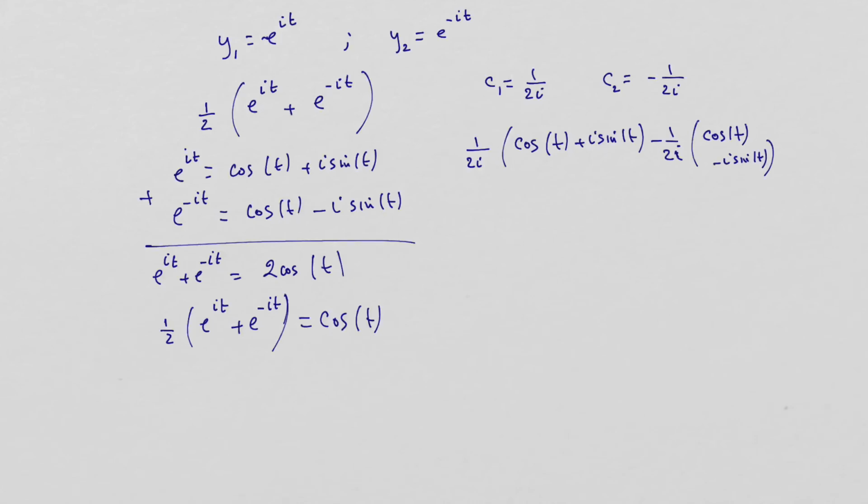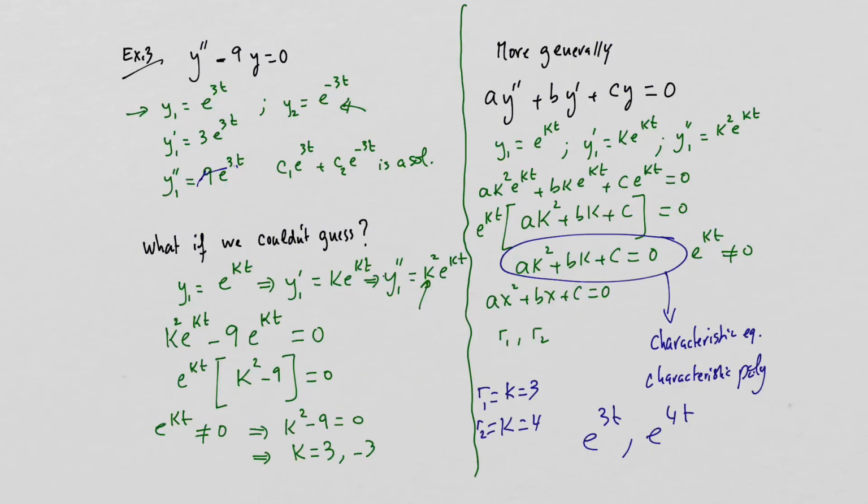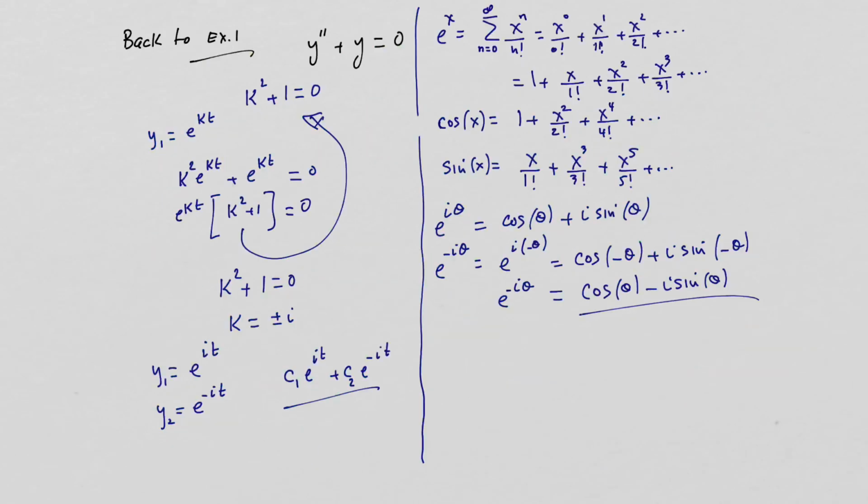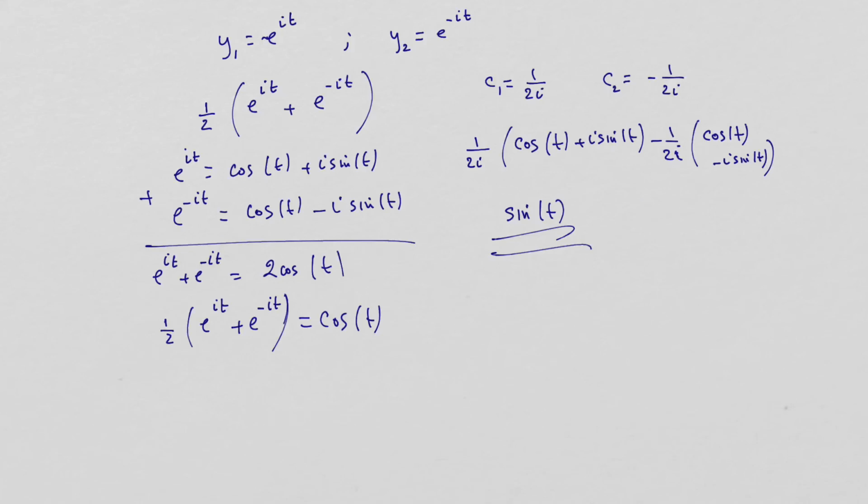And if you do the math, you will get sine t, which is what we got in here. Okay, so you can maneuver both. So that should conclude this particular conversation.